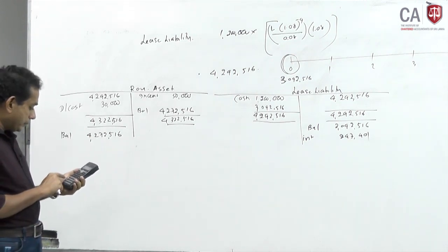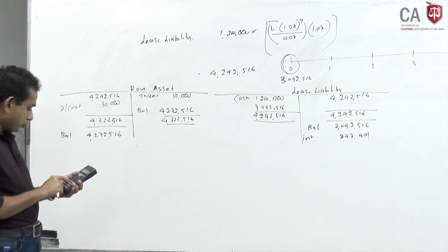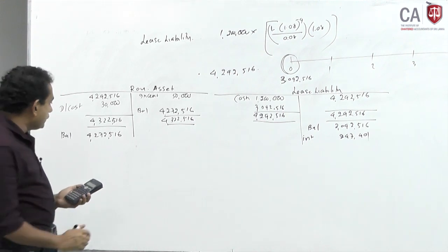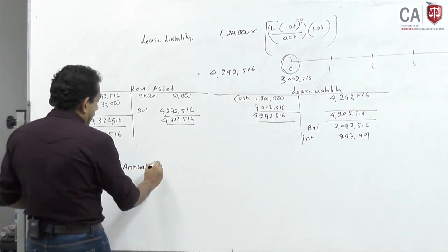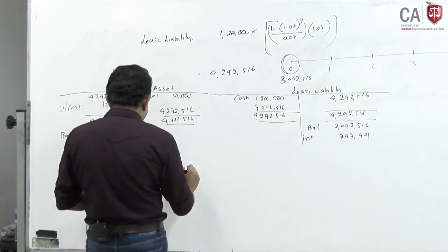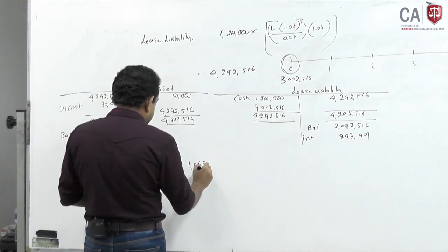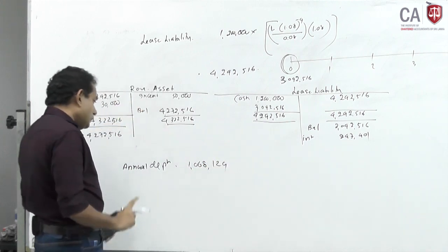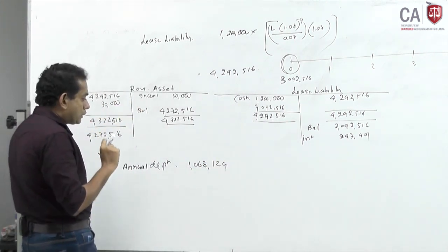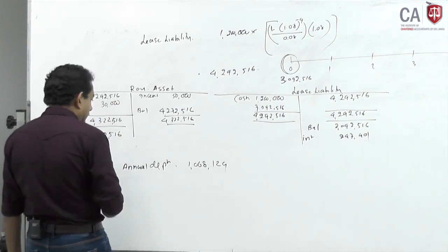So, let us calculate the depreciation: 4,272,516 divided by 4. Annual depreciation figure should be 1,068,129.